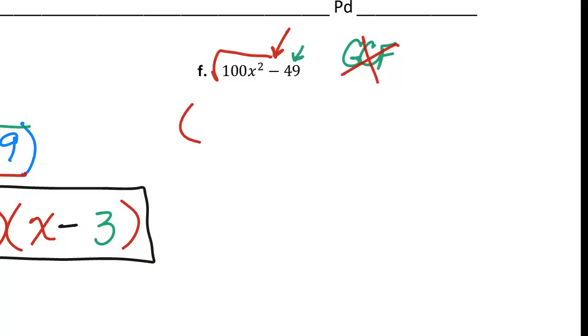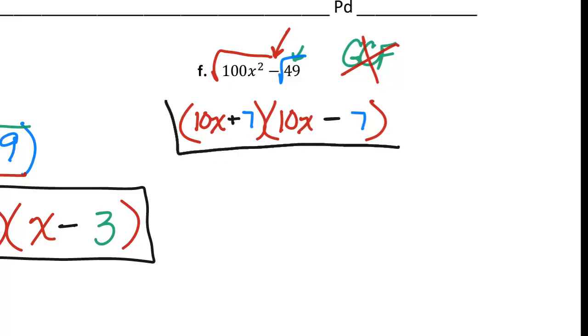What is the square root of 100? 10. I have an x, and so that means 10x goes over here. Take the square root of 49, which is 7 times 7. Put a plus sign in between those two and a minus sign here. And this is your final answer.